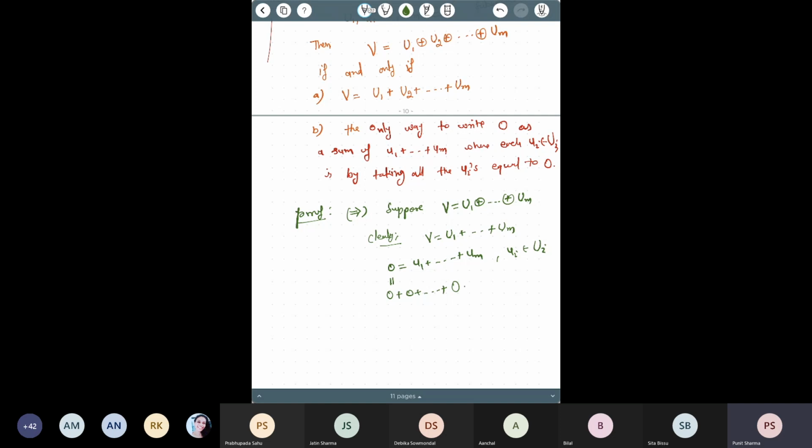So if we show that these ui's are 0, then we are done. Then we can say that the only way to write 0 as a sum of vectors from these subspaces is the trivial way. Okay. Now from here, can you say that the only way to write 0 is the trivial way?